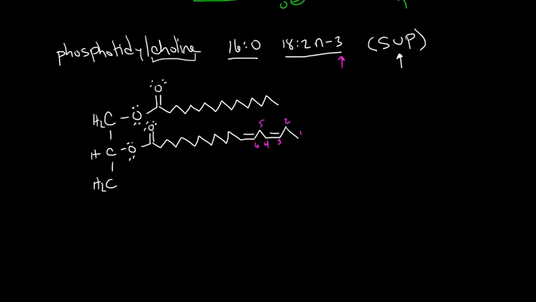Okay, so our 2 double bonds are at the right position, but let's make sure we have 18 carbons. So it looks like we're in good shape. If you need to draw out the fatty acid by itself before linking it up with the glycerol, that's okay. Go ahead and do that. And then you can see what it should look like, and then you can draw it.